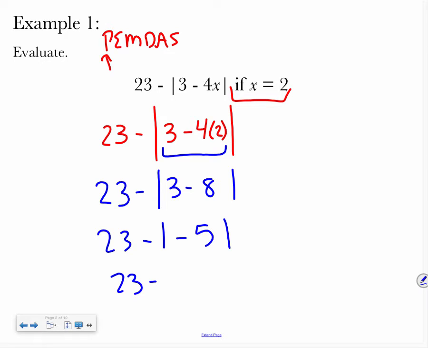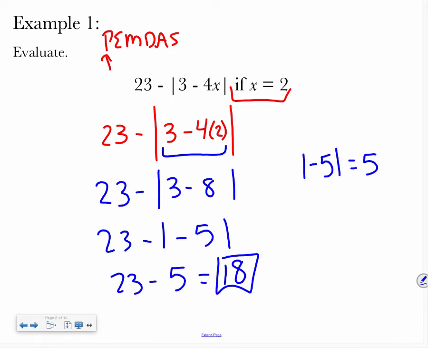The absolute value of negative 5, how far away from 0 is negative 5? It is 5 spaces. If you have a negative number inside, it becomes positive. Just a reminder. So 23 minus 5 is 18.